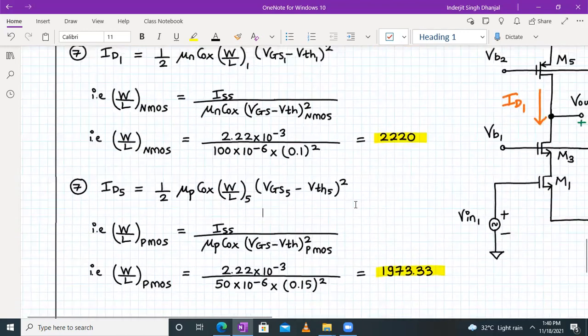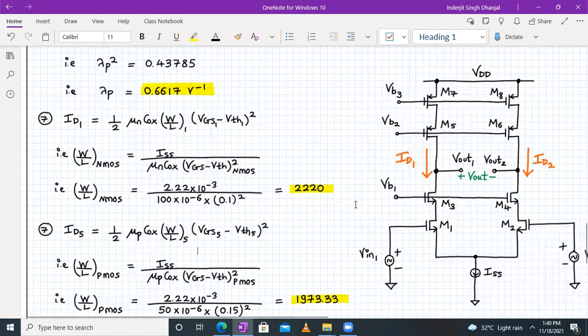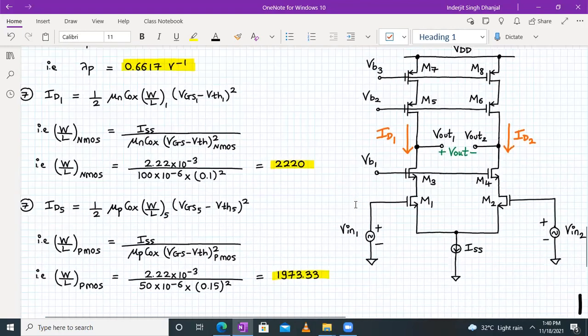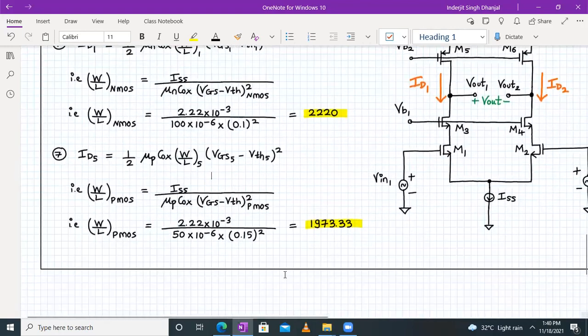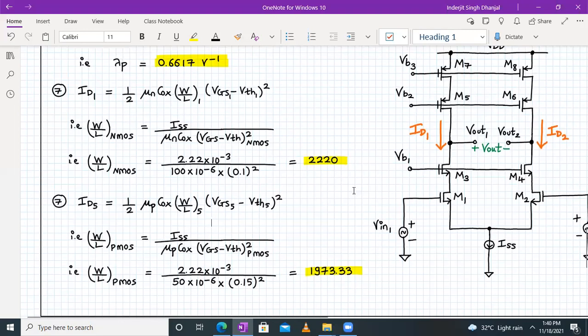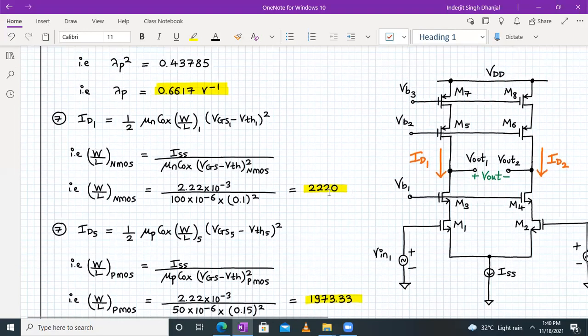So hence we have successfully designed the telescopic cascode differential amplifier. You could draw the design circuit and write down all their W by L ratios. So W by L ratio of M1, M2, M3, M4 is 2220, and for all the PMOS devices, that is M5 to M8, the aspect ratio or the W by L ratio is 1973.